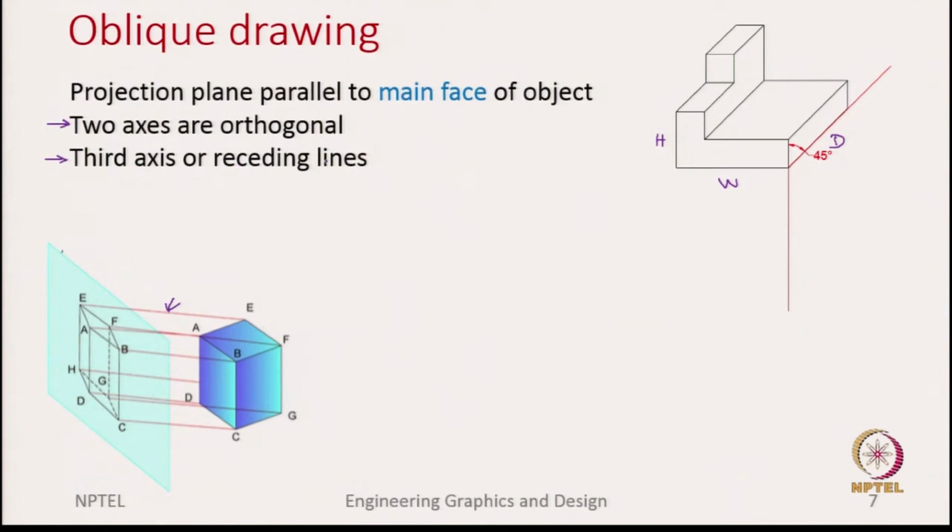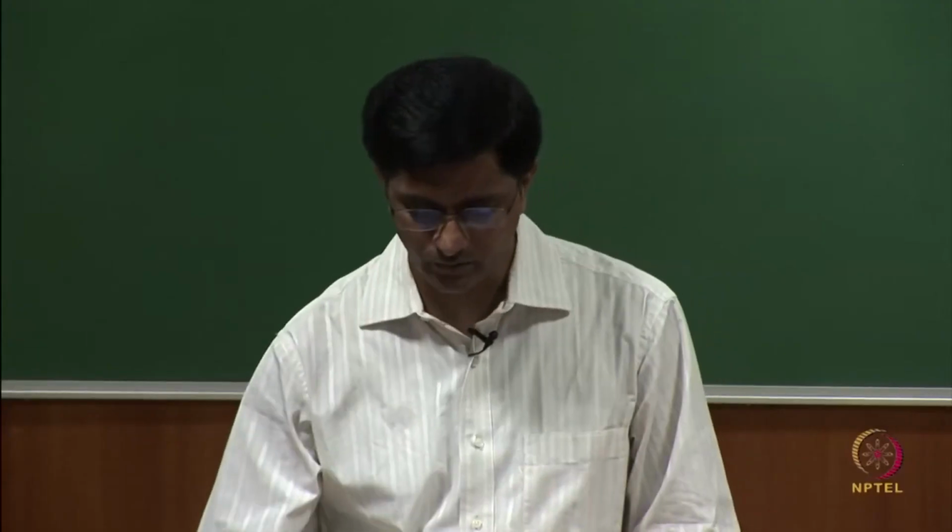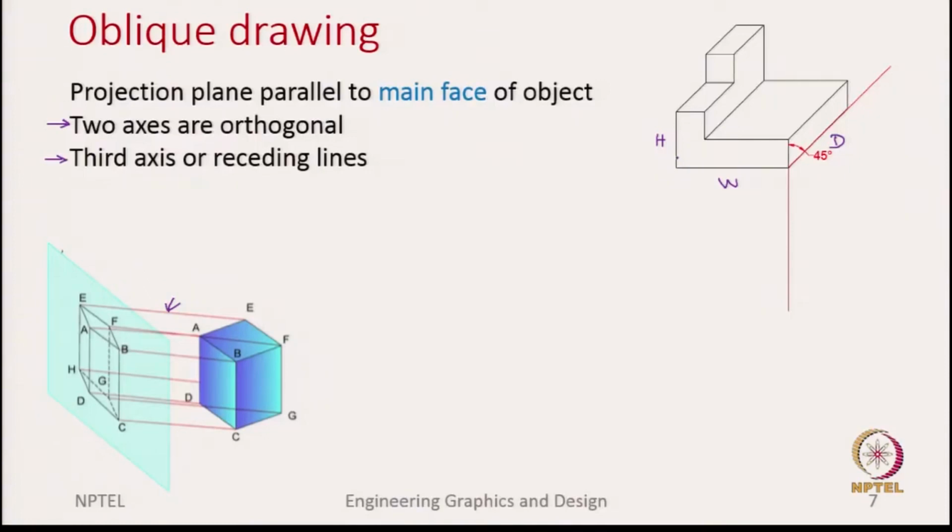The point we are trying to make is that two axes are orthogonal, which means they capture the true angle. Even in the oblique or pictorial drawing, we capture the true angle of 90 degrees here, which was not possible with the isometric, where we were capturing only 120 for any perpendicular angles.